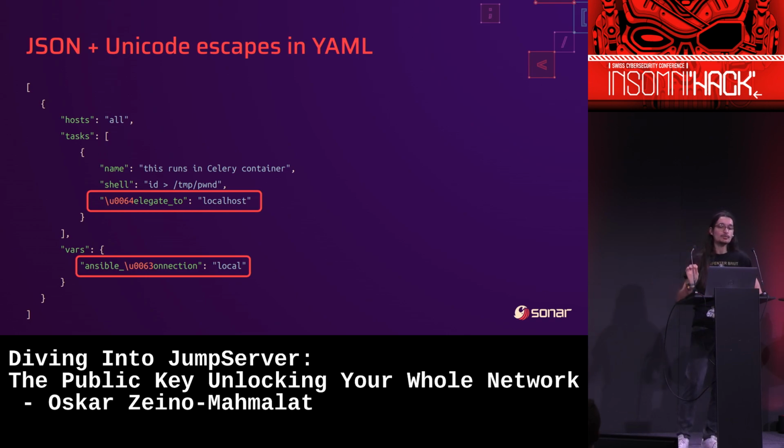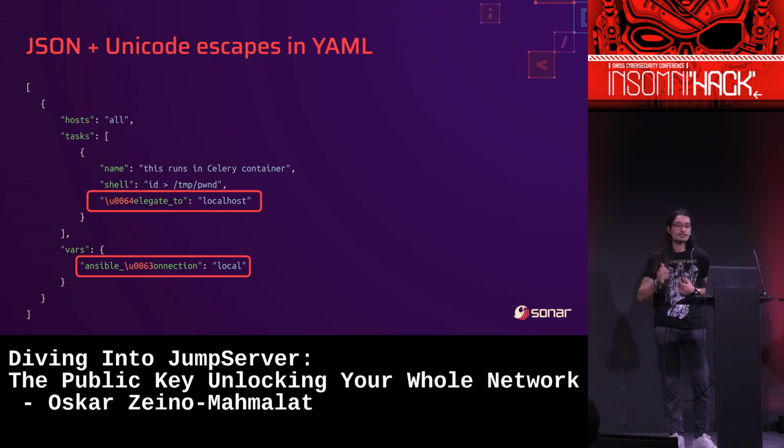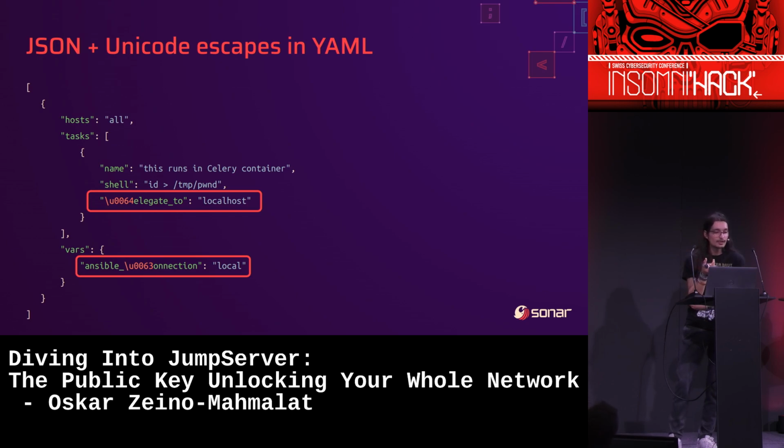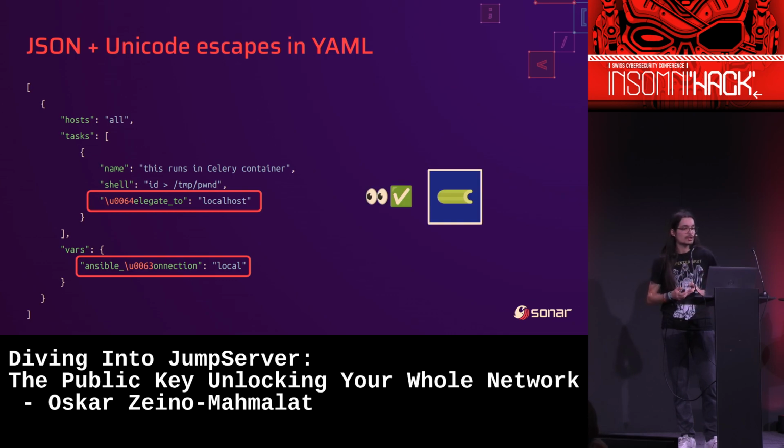What we can also do is use a nice feature of JSON, namely Unicode escapes, which is basically you put a backslash, you put a U, you put some digits, and then this thing will be read as the Unicode code point instead. For example, 0064 is a D, and I think 0063 is a C. So if we want to run this as a job, Celery will first check, okay, are there any dangerous keywords in there?